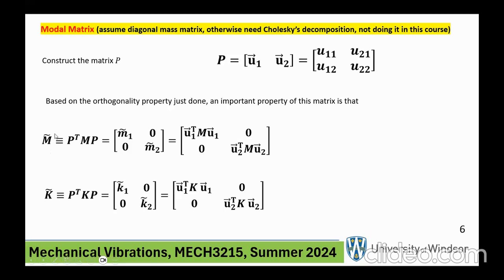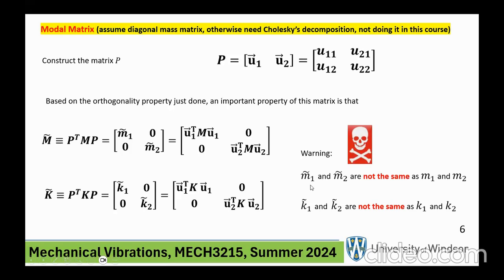This is called the modal mass matrix, and this is called the modal stiffness matrix. M and K are not necessarily diagonal, but if you carry out M tilde and K tilde, the modal mass matrix and modal stiffness matrix are in fact diagonal.